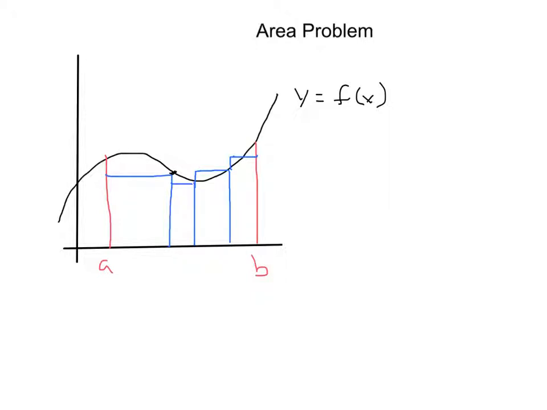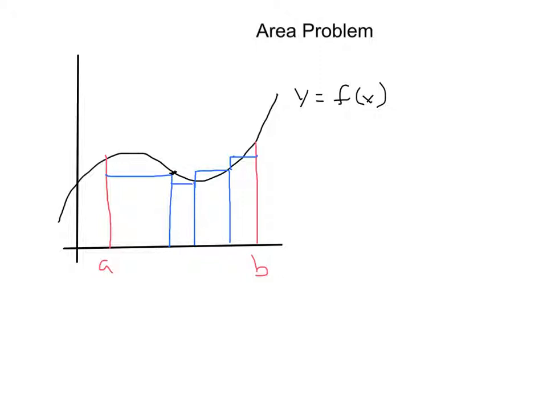In the second rectangle, it's going to be the y-coordinate of this point. The third rectangle, the height is the y-coordinate of this one. And then the fourth one, the height is the y-coordinate of this particular point, where the top of the rectangle touches that curve.